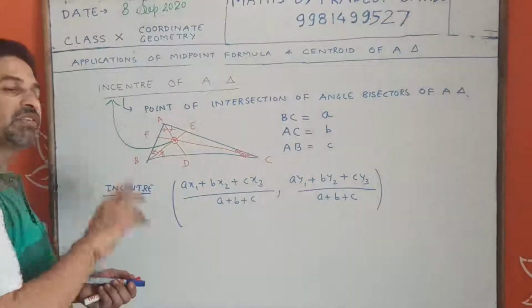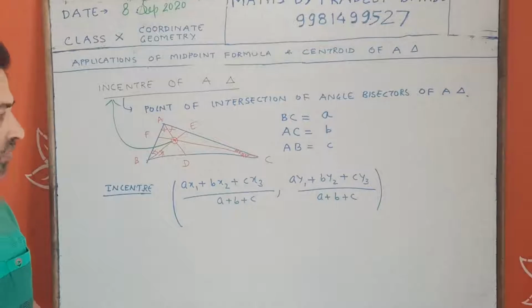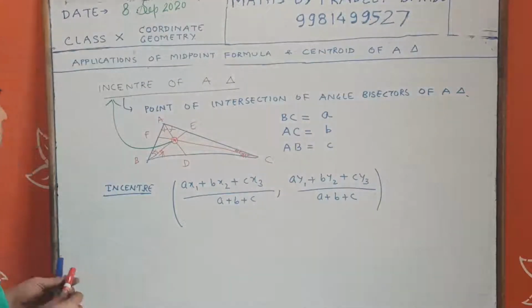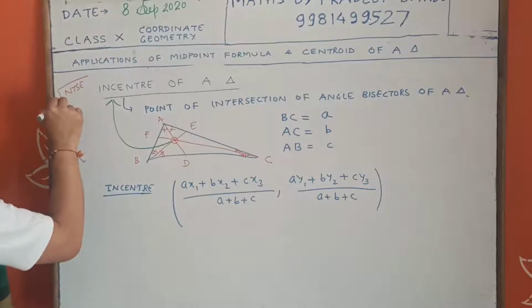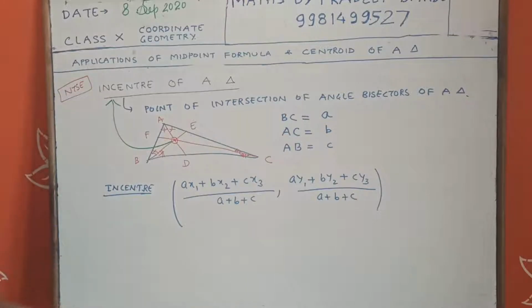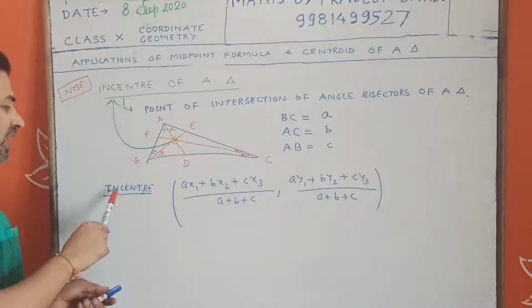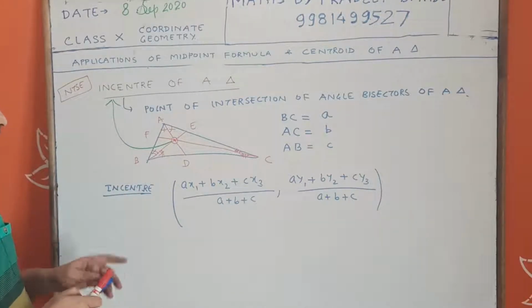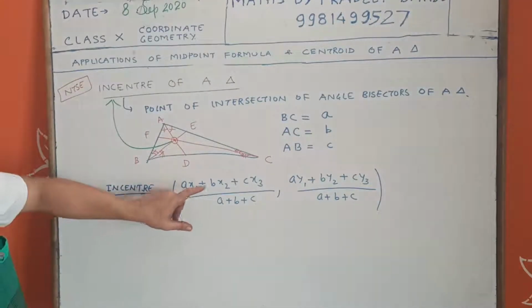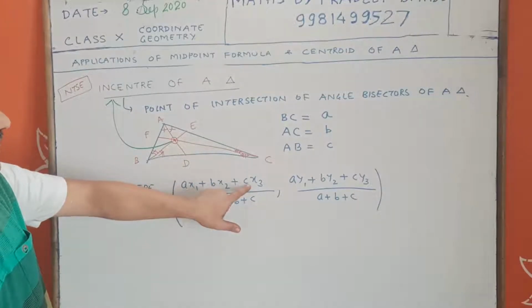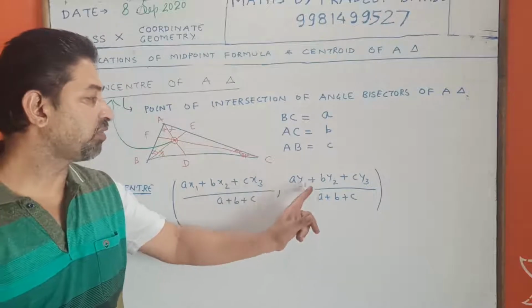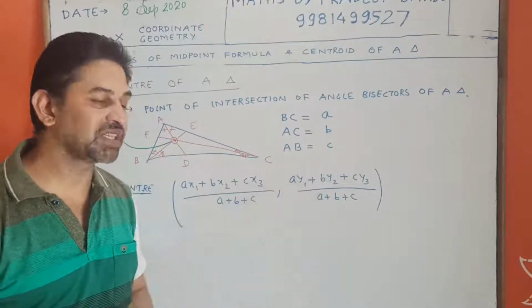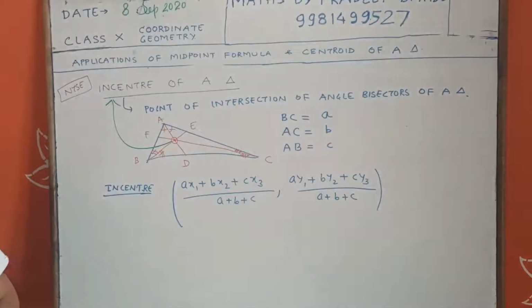See, this is not given in your NCERT book. It is from the NTSE point of view. The incenter of a triangle is given by ax1 plus bx2 plus cx3 upon a plus b plus c and ay1 plus by2 plus cy3 upon a plus b plus c.